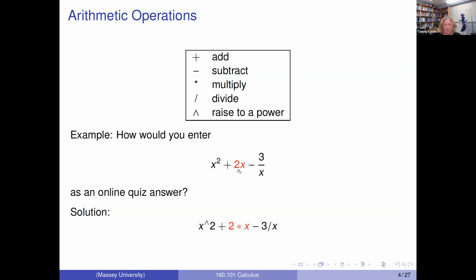Remember, when we write 2x, we mean 2 times x, but the computer doesn't know that. We have to actually tell the computer that we want to multiply 2 times x by entering an asterisk to say multiplication. And finally, we want to subtract using our minus the fraction 3 over x, or 3 divided by x. So 3 and our slash x.